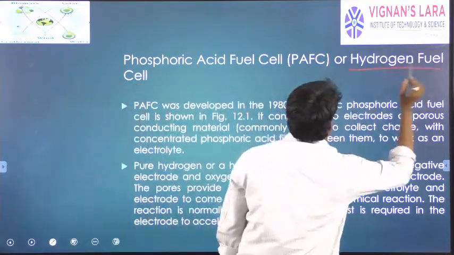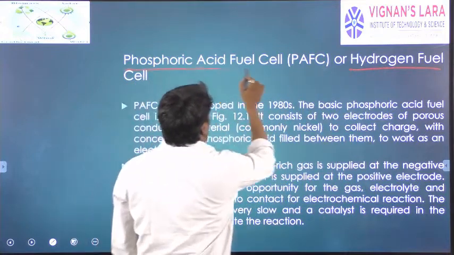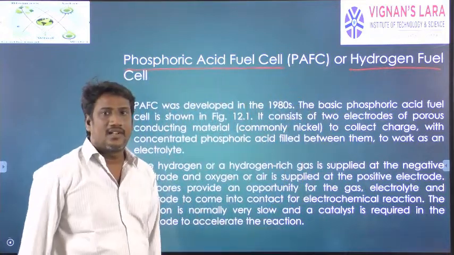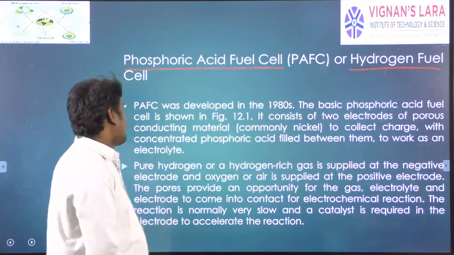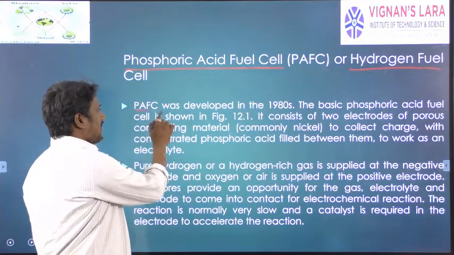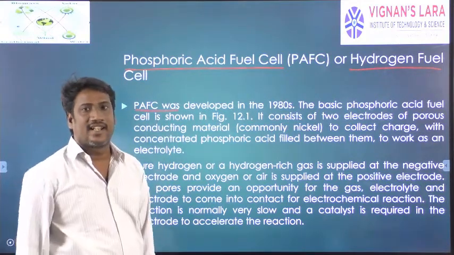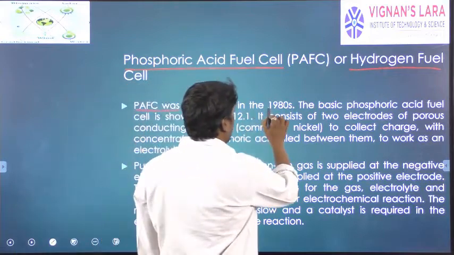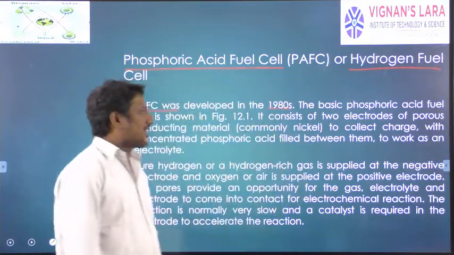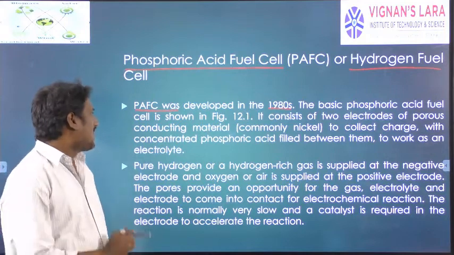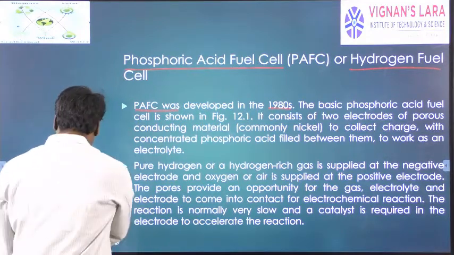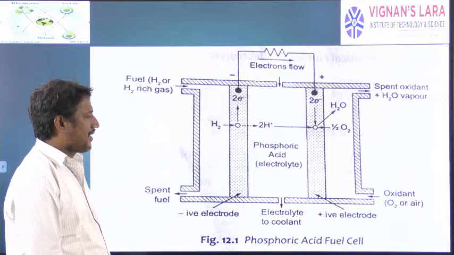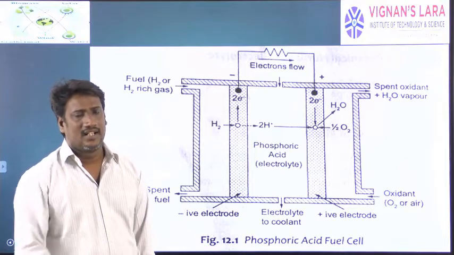The phosphoric acid fuel cell was developed in the year 1980. The basic phosphoric acid fuel cell is shown in figure 12.1. This will be the basic diagram of a phosphoric acid or hydrogen fuel cell.